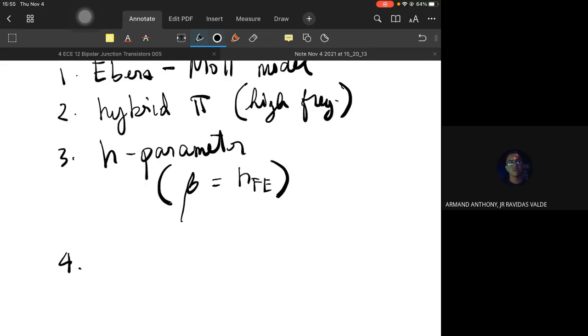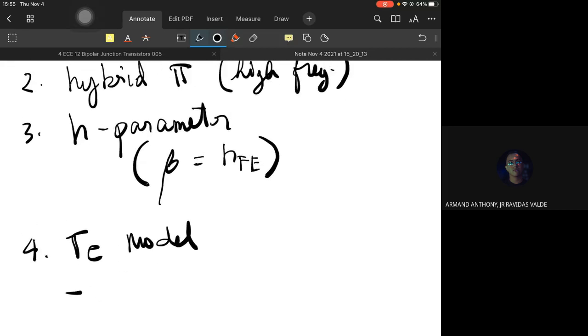So, for the remainder of the discussion, until mahuman ang semester, we'll be using the re model of the BJT. Now, what's the advantage of the re model? The re model is operating conditions specific.